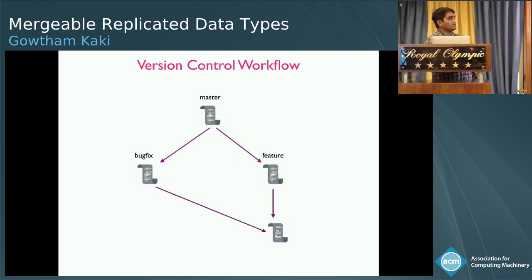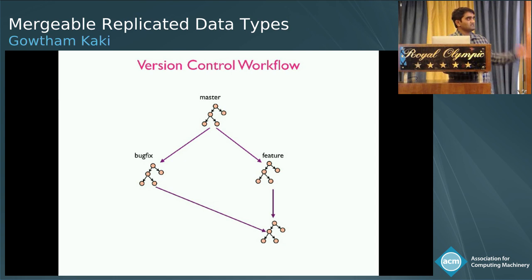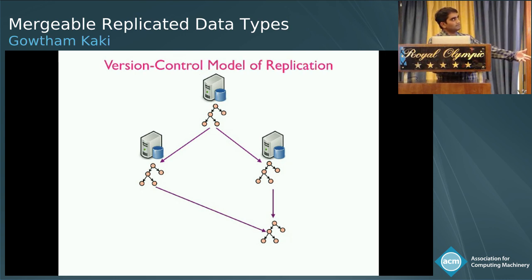So why can't we switch the source code here with data structures, and think of branches as not just branches, but rather independent servers? What we essentially get from here is a version control model of replication, where branches represent a single line of development on each replica, and replicas can periodically synchronize, just as you merge branches.